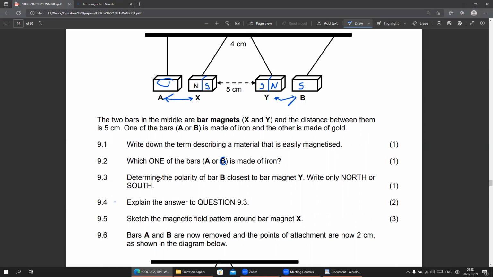Actually, you have to explain what's happening here first, the repulsion between X and Y. After that, you can justify why you're saying this is the North Pole and this is the South Pole, because it all starts here, so that you can justify what you're saying. You understand it? Okay.